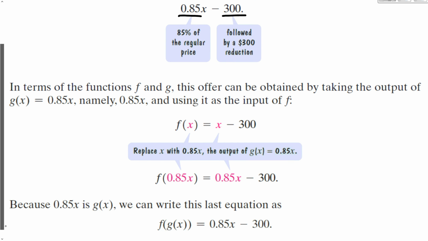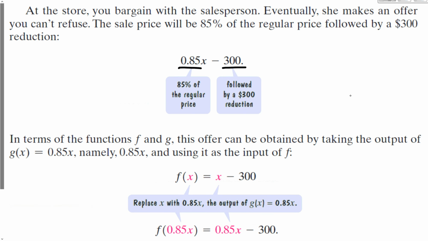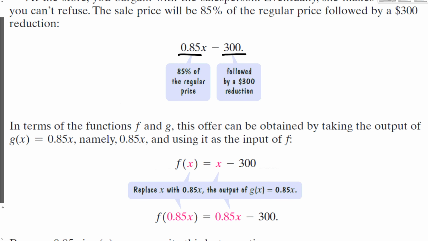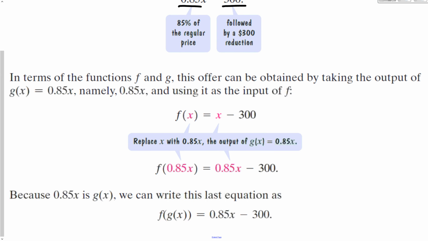So in terms of the functions f and g, this offer can be obtained by taking the output g of x is equal to 0.85x, or this, and using it as the input into f. So instead of x right there, I'm going to replace x with 0.85x.